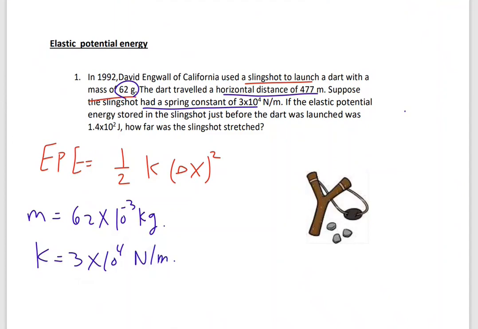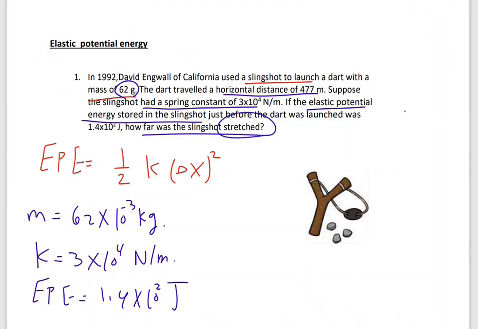If the elastic potential energy stored in the string just before the dart was launched was 1.4 times 10 to the power 2 joule, how far was the spring stretched? So I need delta x. Here, just write the formula and substitute.